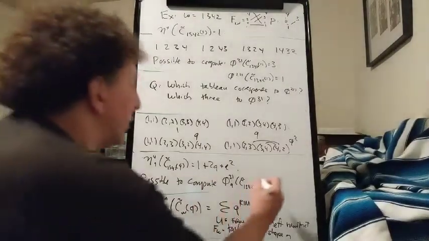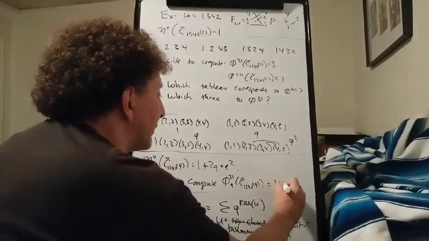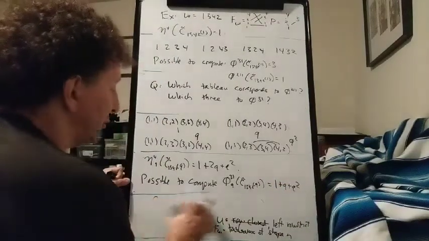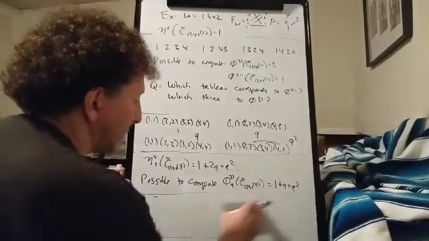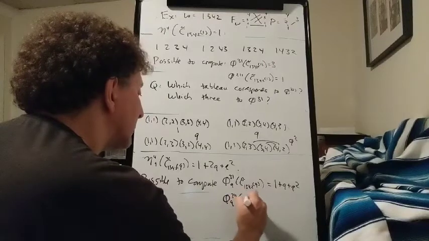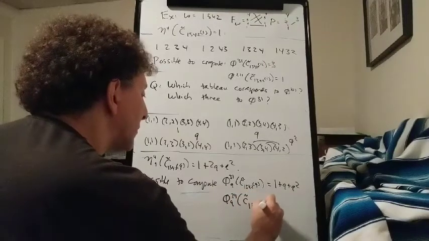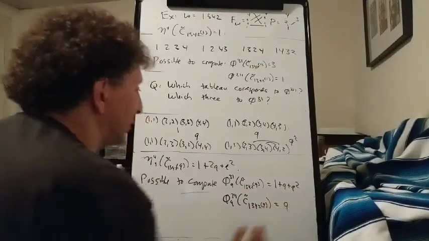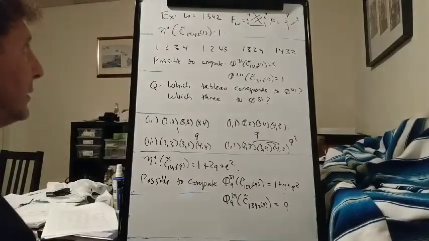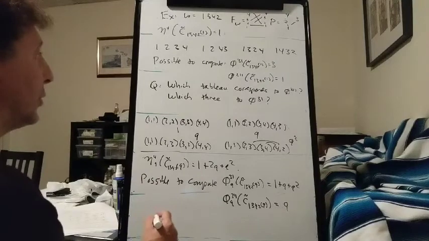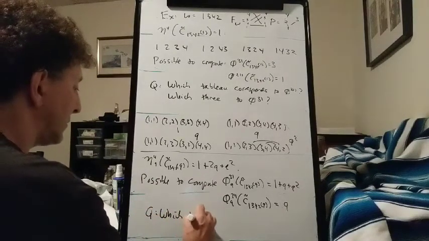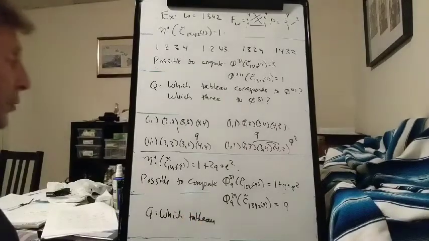So phi 3,1 of this is equal to 1 plus Q squared, and phi 2,1,1 equals Q. So you can see they add up to this. So we can ask which tableau.